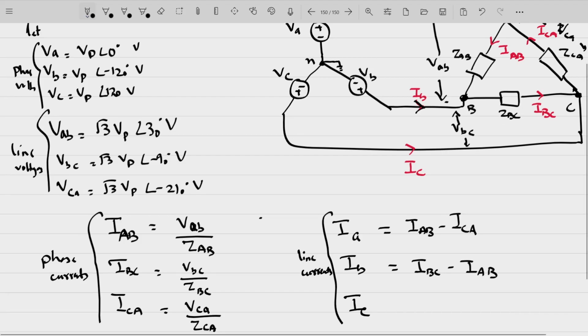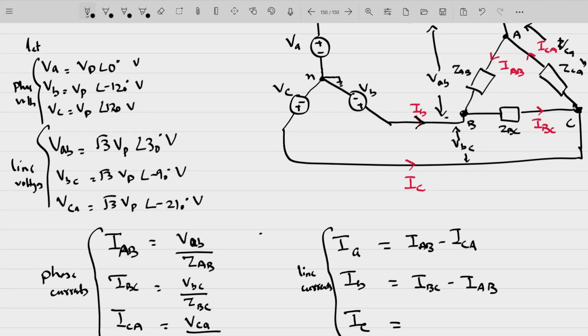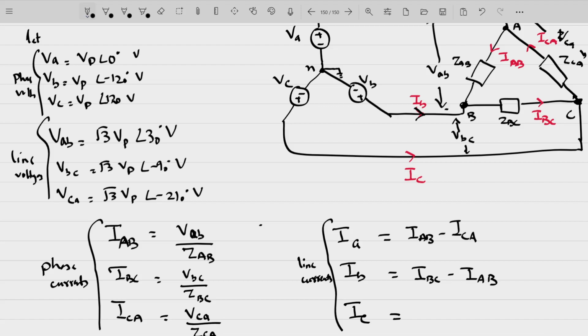Fine. And at node C, by applying KCL, IC plus IBC is equal to ICA, or you can say IC is equal to ICA minus IBC.